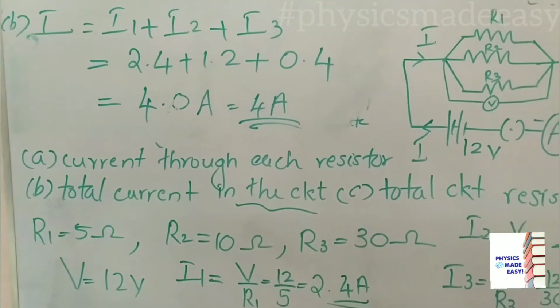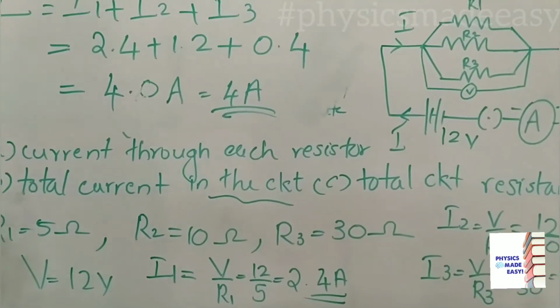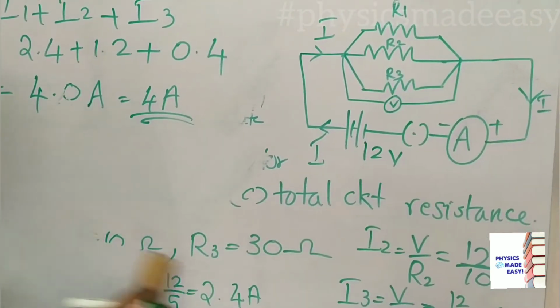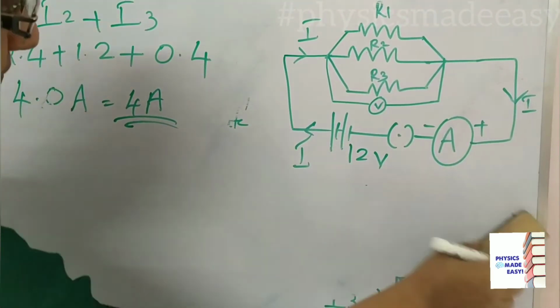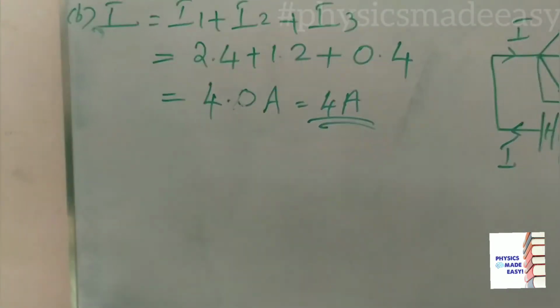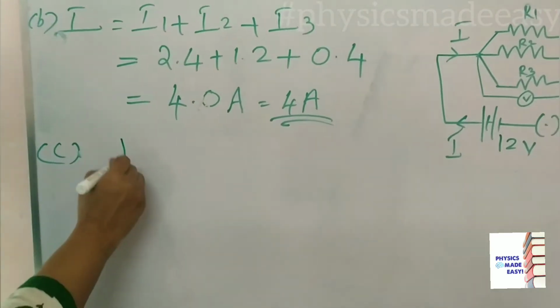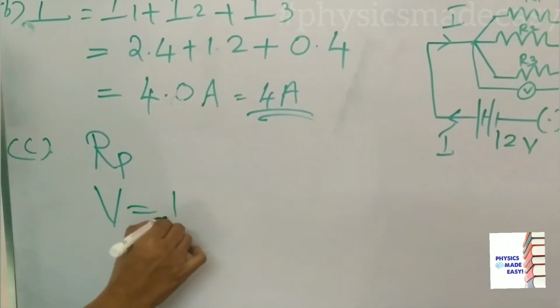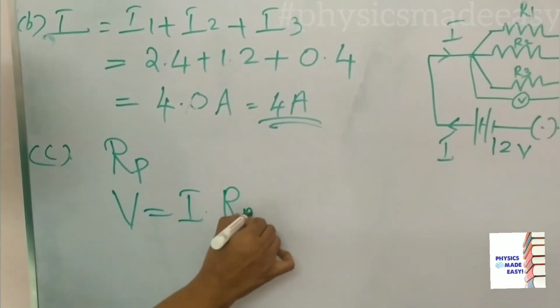Then we have to find the total circuit resistance. For finding that resistance, we have two ways. Now if you are considering Rp is the effective resistance, we can write one equation as V is equal to I into Rp.